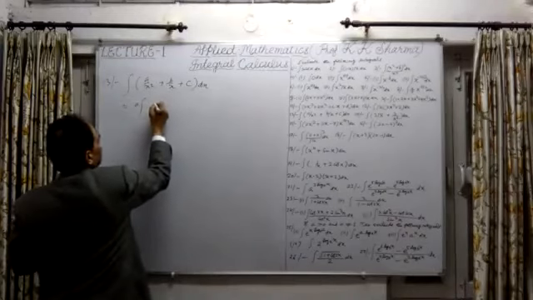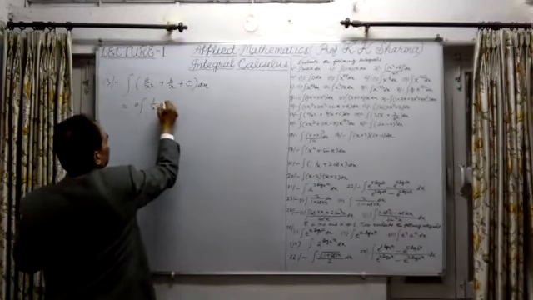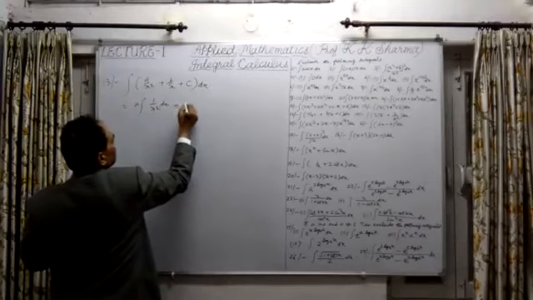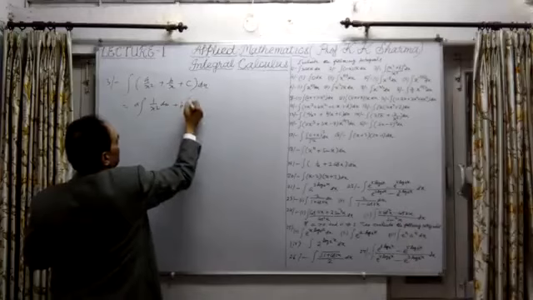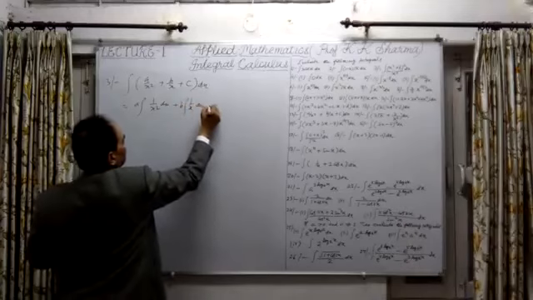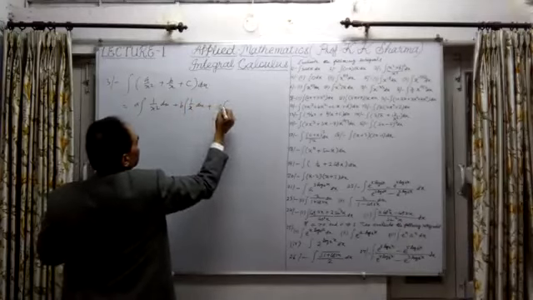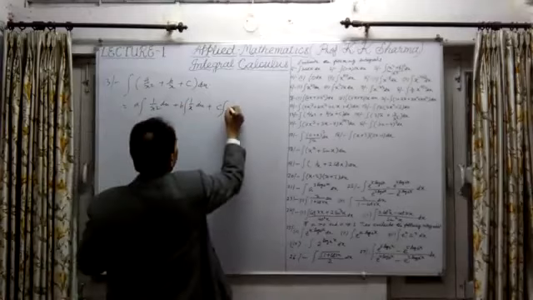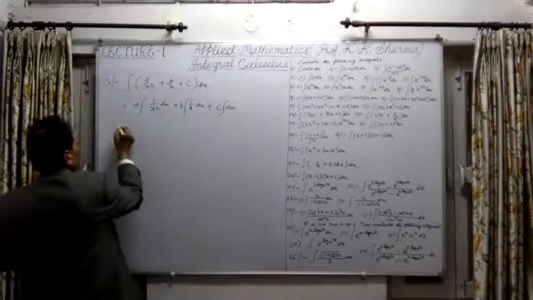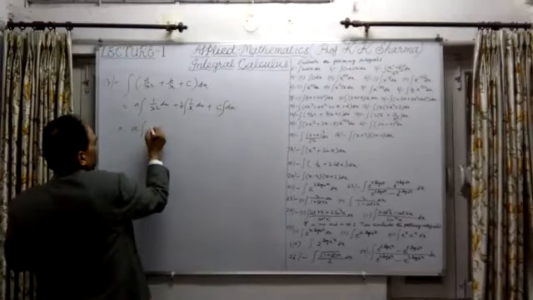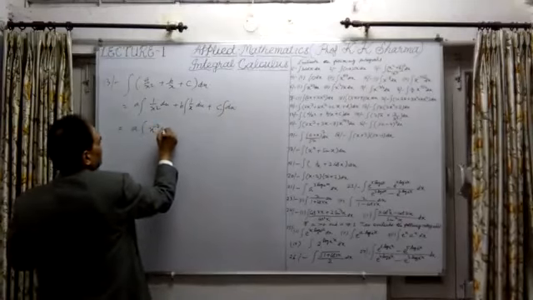This is a constant, 1 upon x square into dx, plus b, this is b into 1 upon x into dx, plus c, constant of integration, into dx. Now let me write it again. This is x raised to power minus 2 into dx.